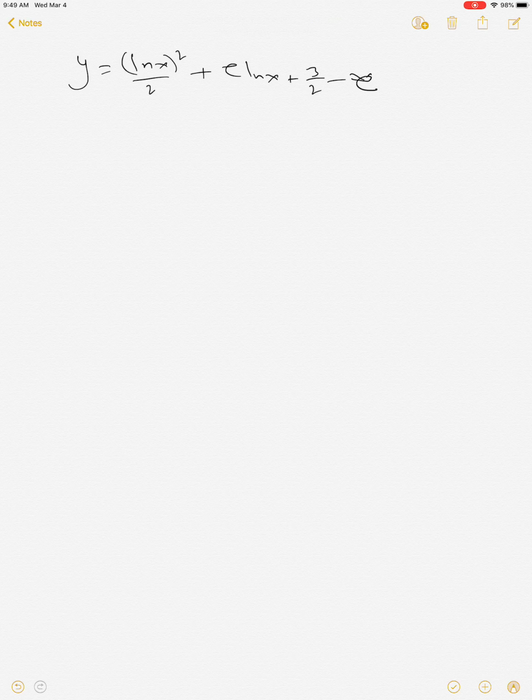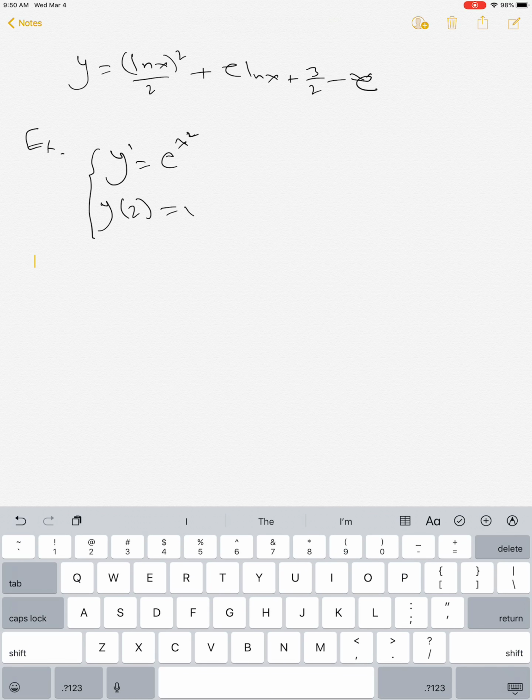Now, one more example, which is y prime equals e^(x squared) and y of 2 equals 1. I do have another IVP, and if you notice here, I have y prime equals e^(x squared). This e^(x squared) cannot be expressed using elementary functions.